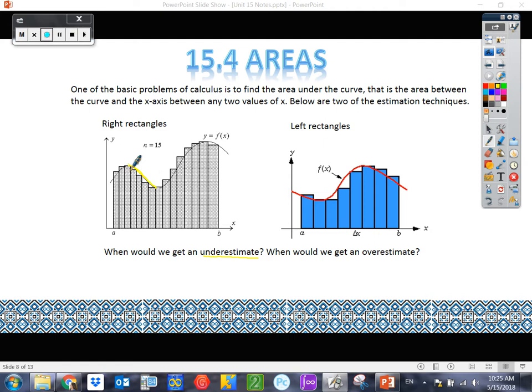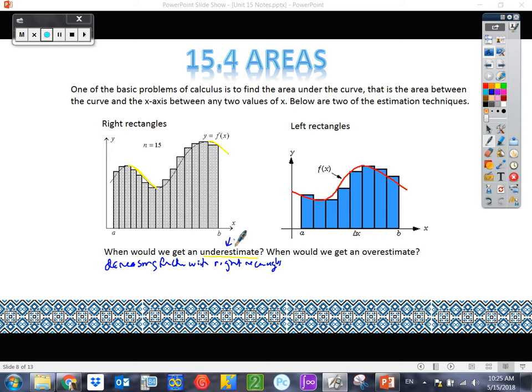Okay, let's see if we can find some patterns here on the decrease. So what that means is if we have a decreasing function with right rectangles, that would give us an underestimate.